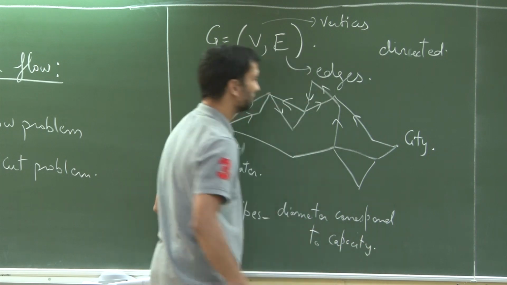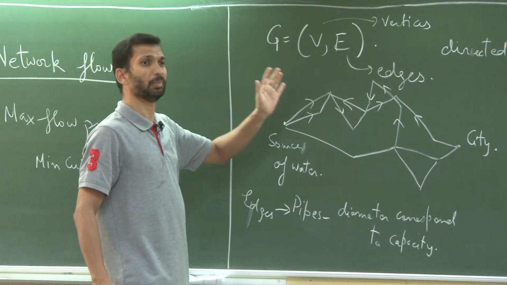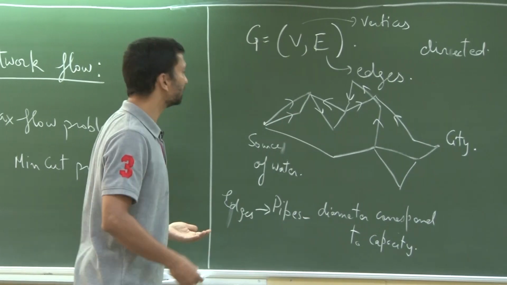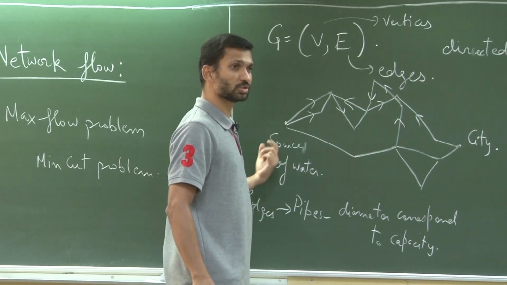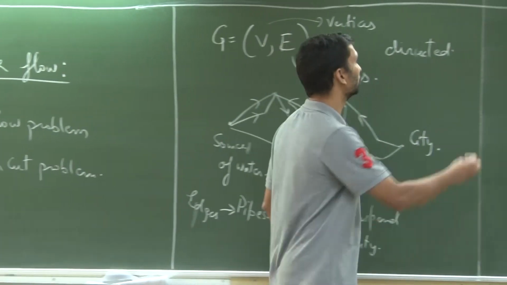So we can send 3 liters of water per minute or whatever. So we have these capacities, and the idea is how much water can you send from this source to this city.